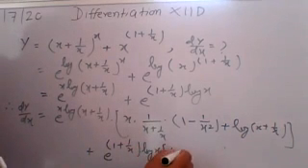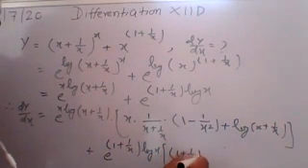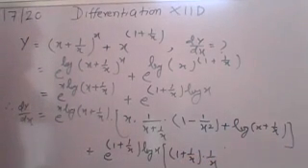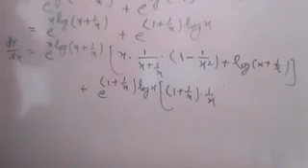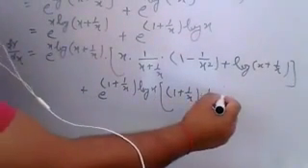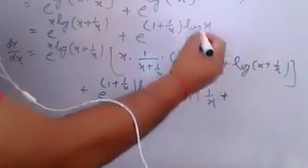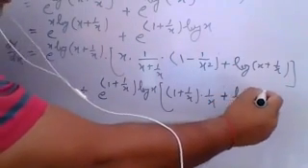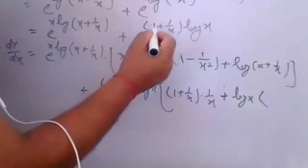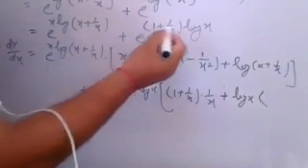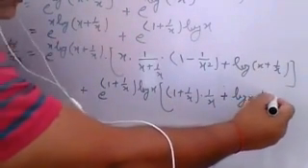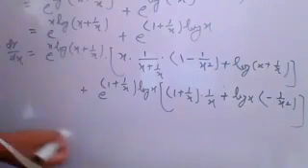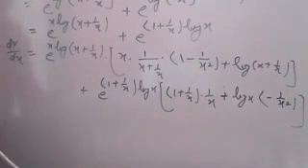First function (1 plus 1 upon x) into differentiation of second, so 1 upon x, plus second function log x into the derivative of first, which is minus 1 upon x square. In this way you have your result.